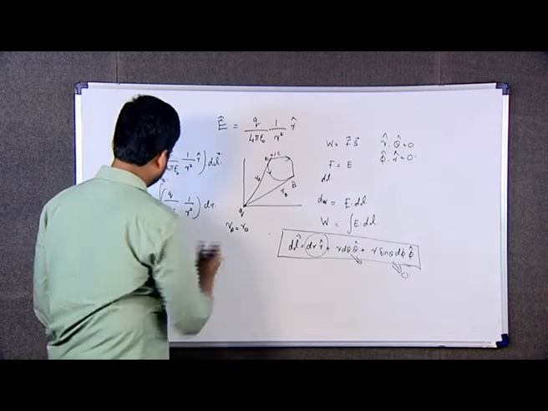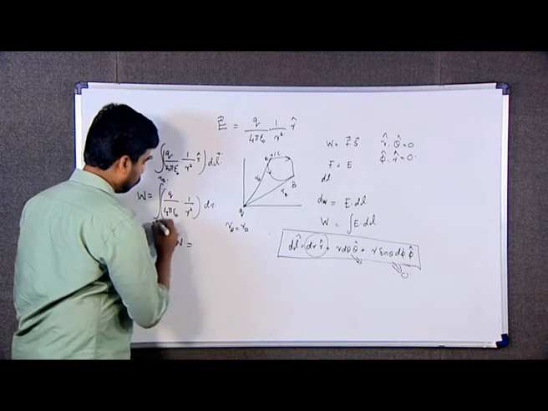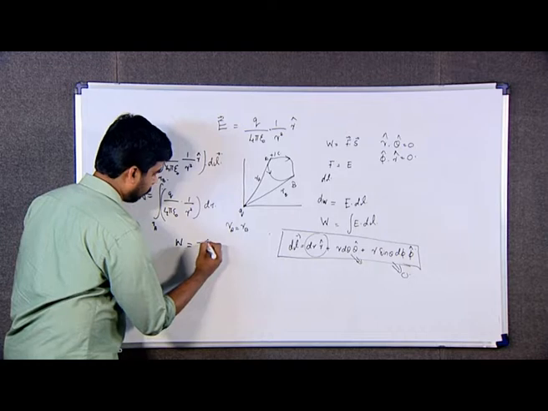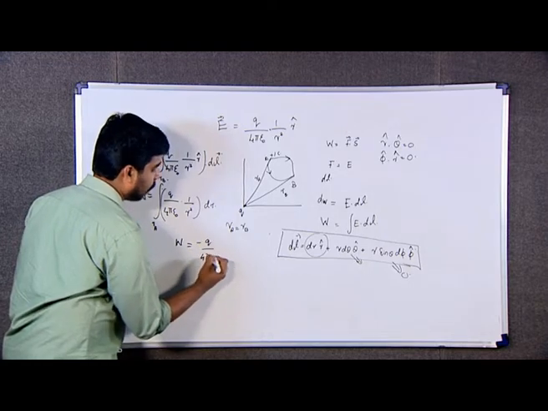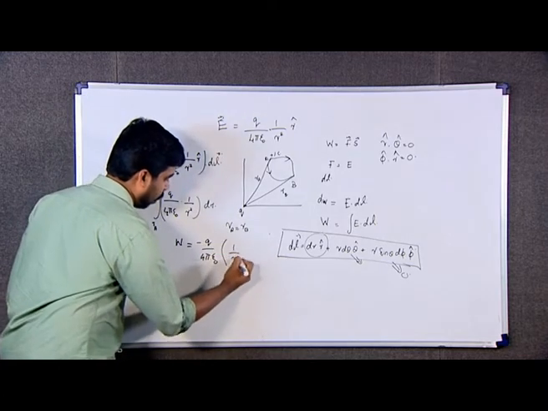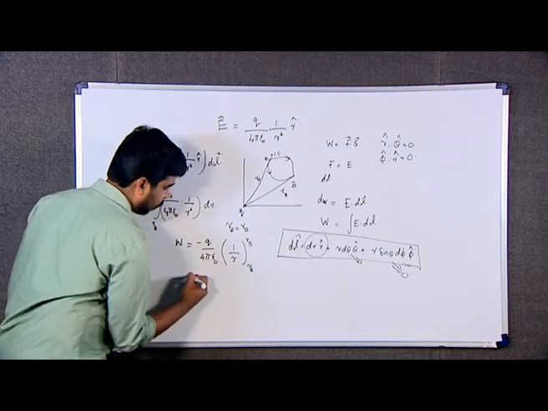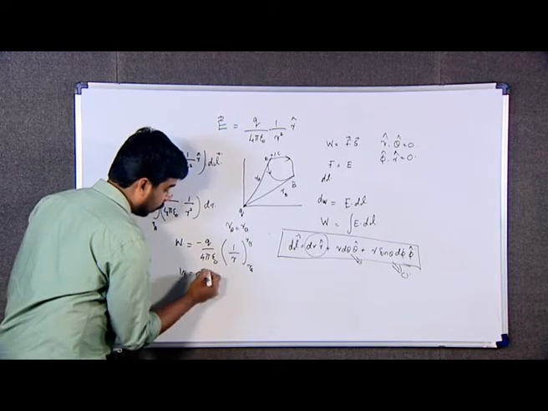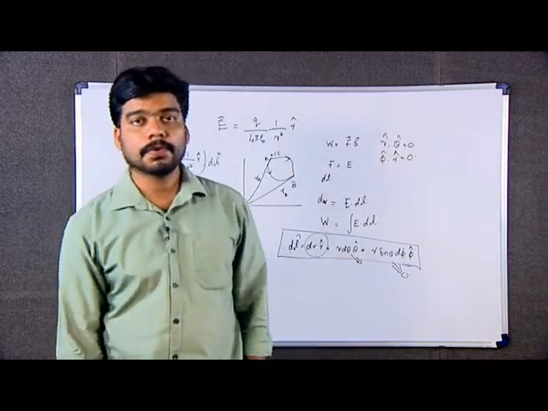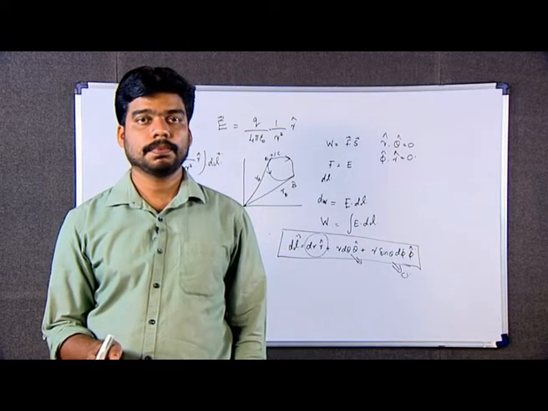In that case Ra is equal to Rb, and since both limits become the same, you will get W equal to minus q by 4 pi epsilon 0 into 1 by r, with the limits from Ra to Rb. Since Ra and Rb are equal, the total work done is equal to 0. This is how we prove that the work done along a closed path is 0.